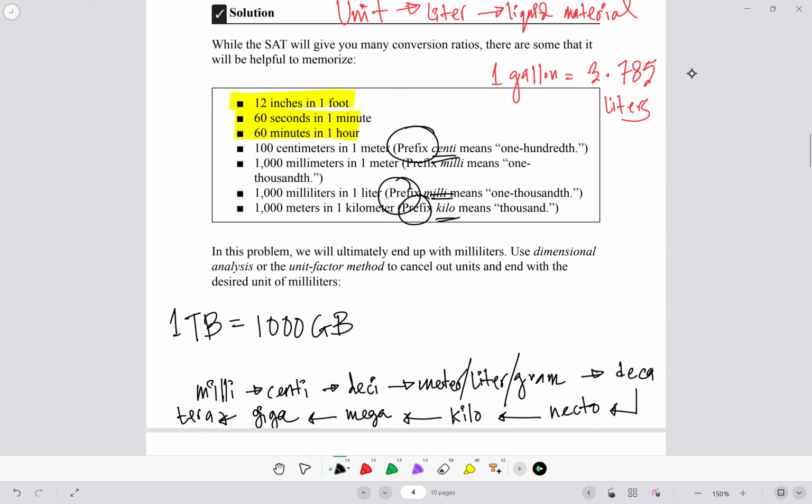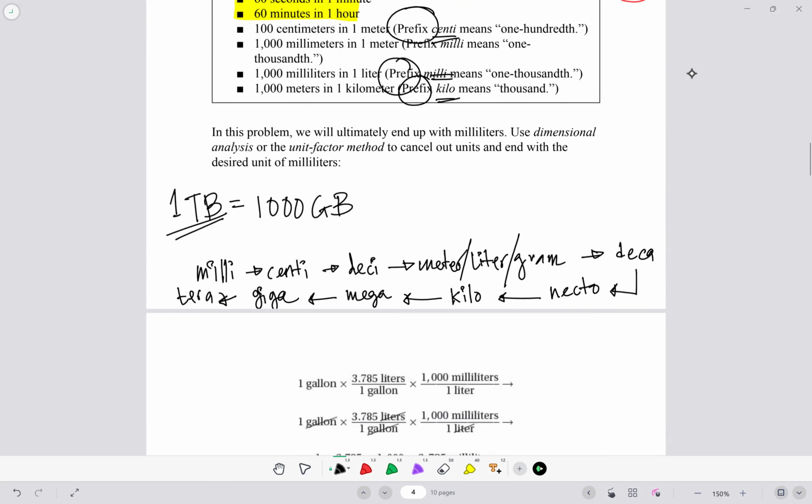We don't need tera here because tera is a very large size, and that's why after giga we have terabyte.